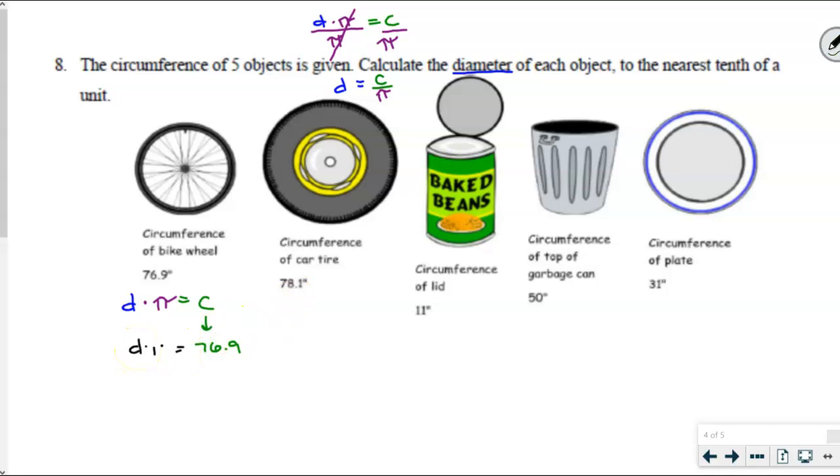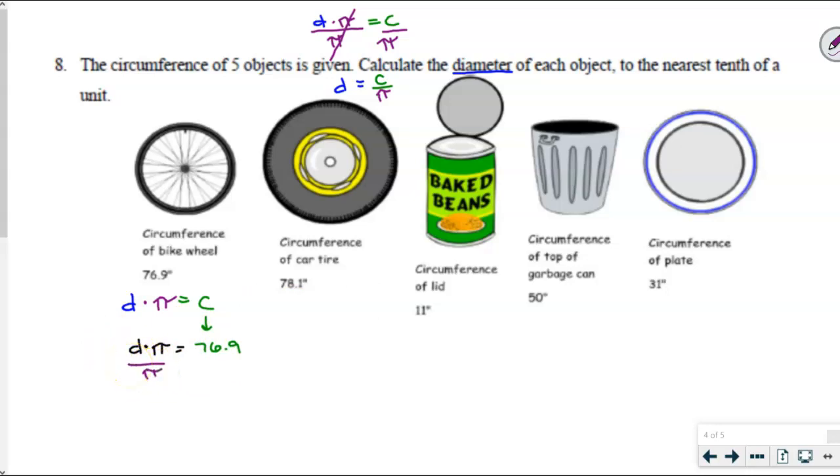Once you set up the equation like this, it's really, really clear what we should be doing. And I know ultimately, yes, we're just going to divide by pi, but it's all about that math practice 3. It's showing our work and understanding why we're going to be dividing by pi. So I want to see this on your paper.